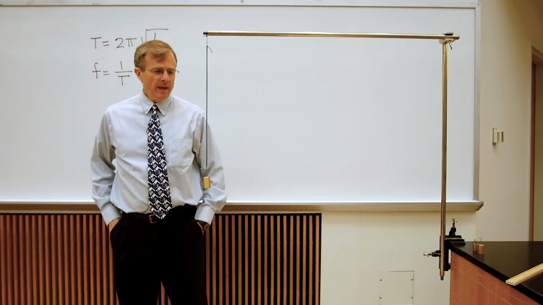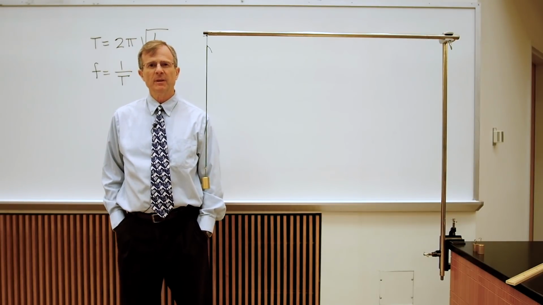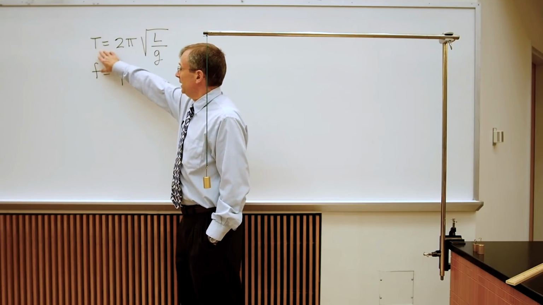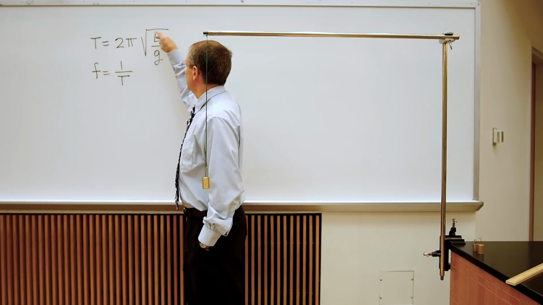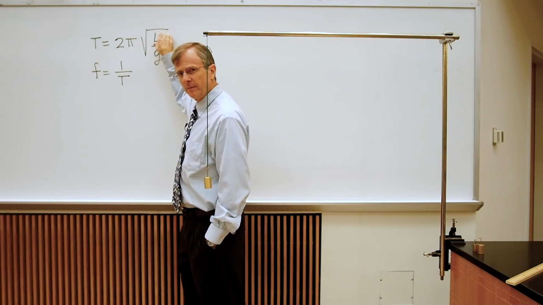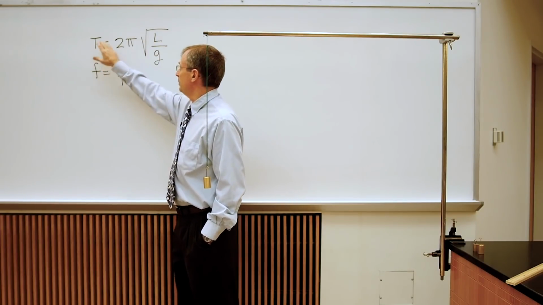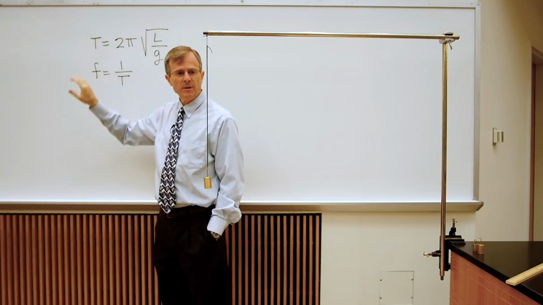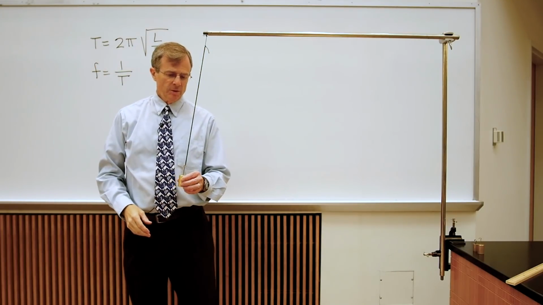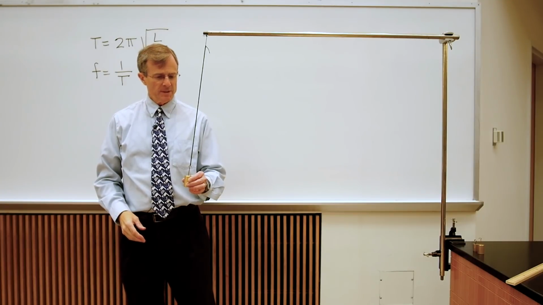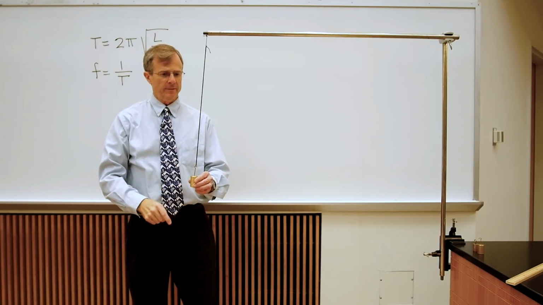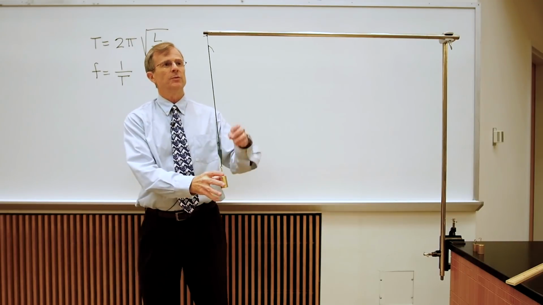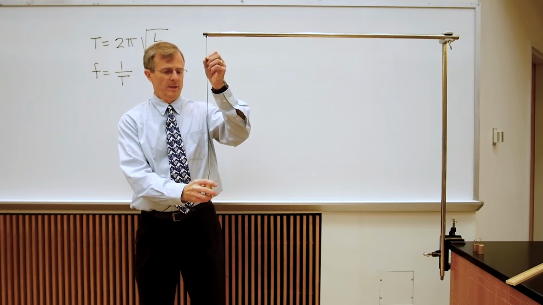So now let's look at the dependence of the period on the length. Clearly, this equation says that if you increase the length, given that the period depends on the square root of the length, then you will increase the period. So let's remind ourselves what the period is here with this particular length. Just as we had before.